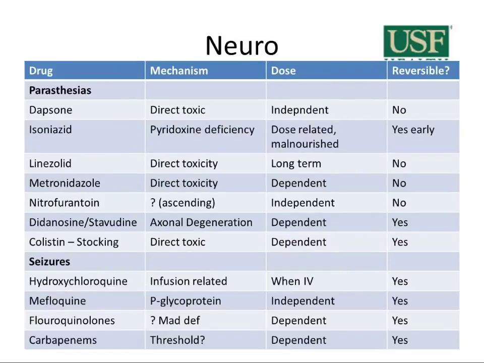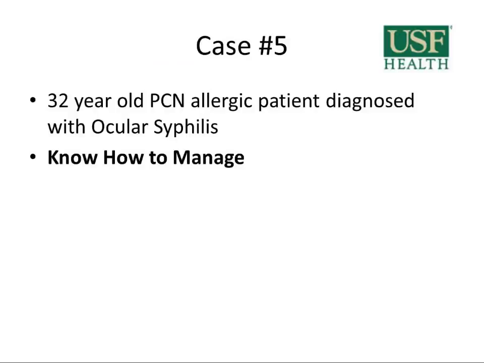And some are not, like a lot of the paresthesias, which actually turn out to be irreversible. So my last case here is a 32-year-old penicillin allergic patient who was diagnosed with ocular syphilis. And so you need to understand not only how to recognize adverse drug events, but also how to manage them.